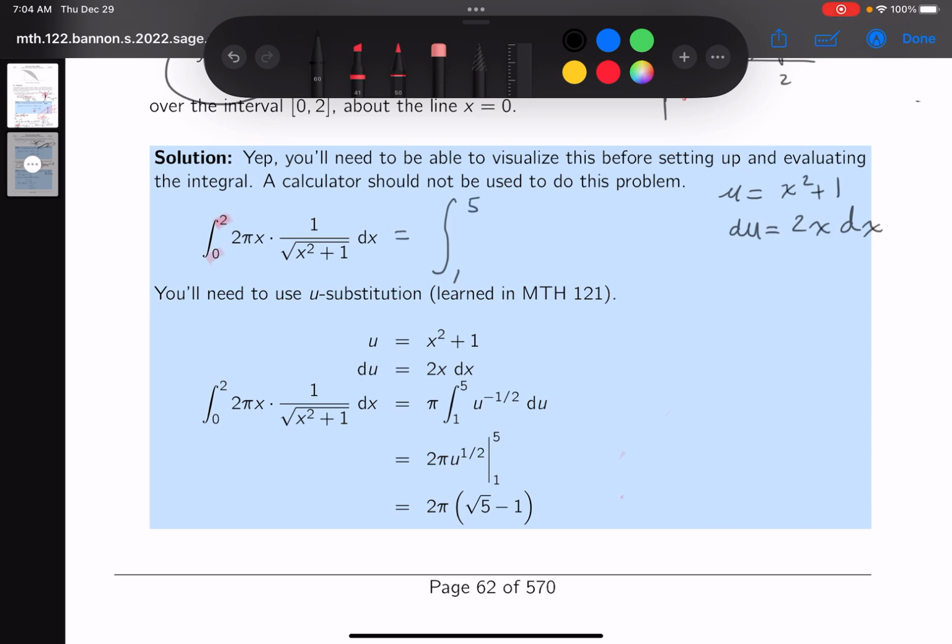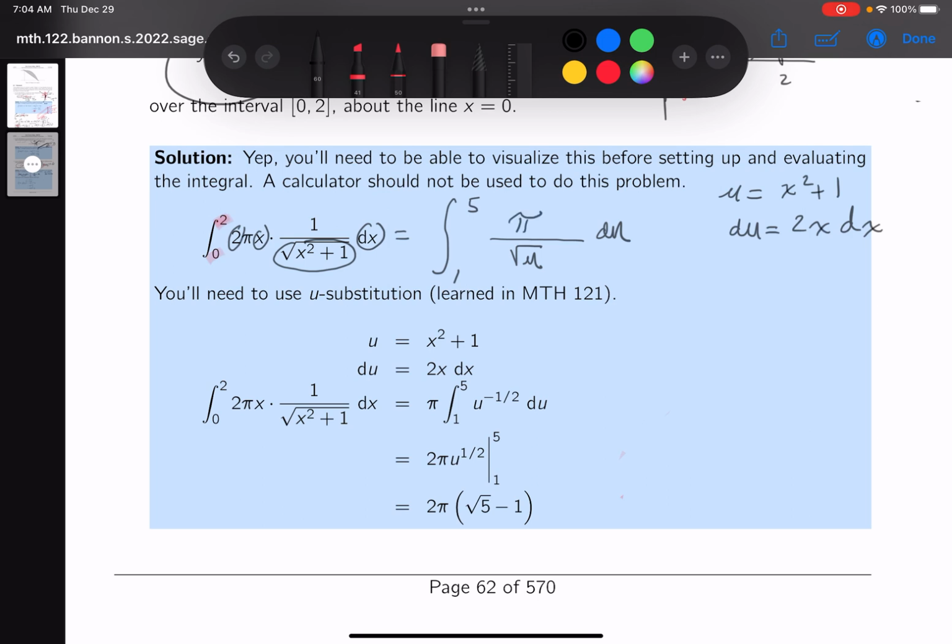Now I'm going to start to look at the problem, and I definitely see some things. I see this, and that's going to be the root of u now. I want to point out, I see 2, I see x, and I see dx, and that equals du. And I get a pi there.